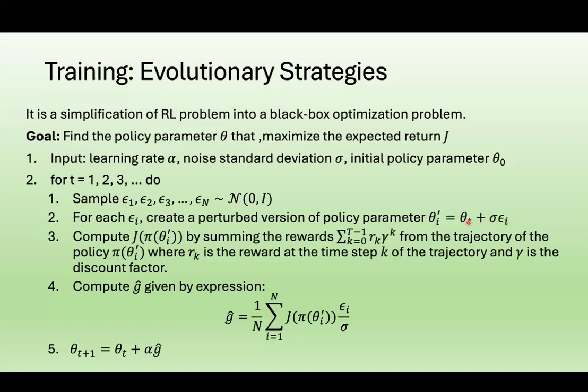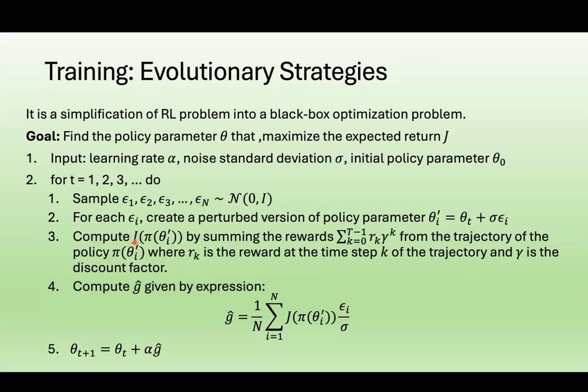So we basically slightly perturb the current policy parameter using this epsilon. So theta 1 dash will be equal to theta t plus sigma epsilon 1. Theta 2 dash will be equal to theta t plus sigma epsilon 2, and so on up till theta n dash, which will be equal to theta t plus sigma epsilon n.